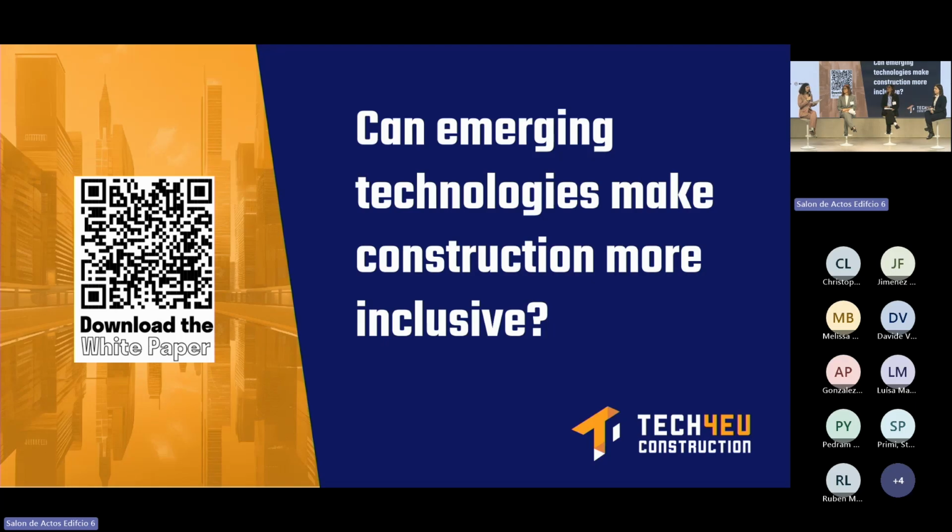These technologies can improve working conditions and reshape tasks, but the main barriers to women's participation are still perceived to be cultural, okay? So stereotypes, unwritten norms, and the perception of who belongs in construction.